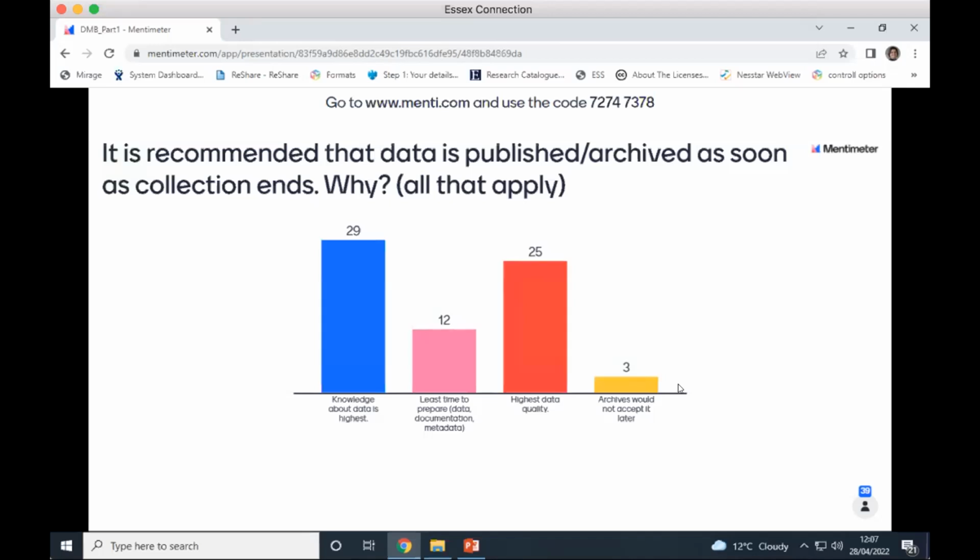And so that also leads back to the second answer, so there will be least time to prepare for us as the researcher who is collecting the data, because everything is just fresh, we have it, it's there.